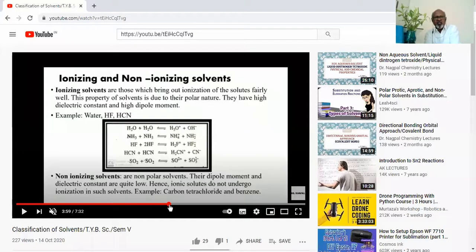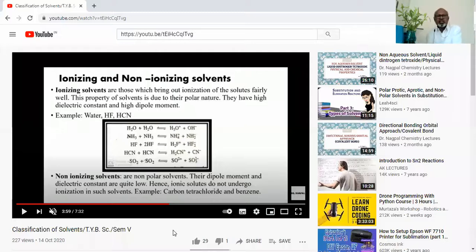And the third type that we have seen is the ionizing and the non-ionizing solvents. The main difference between them is that ionizing solvents have a high value of dielectric constant and a high value of dipole moment, while this is not true for non-ionizing solvents, which have a very low value of dielectric constant and a very low value of dipole moment, for example carbon tetrachloride.